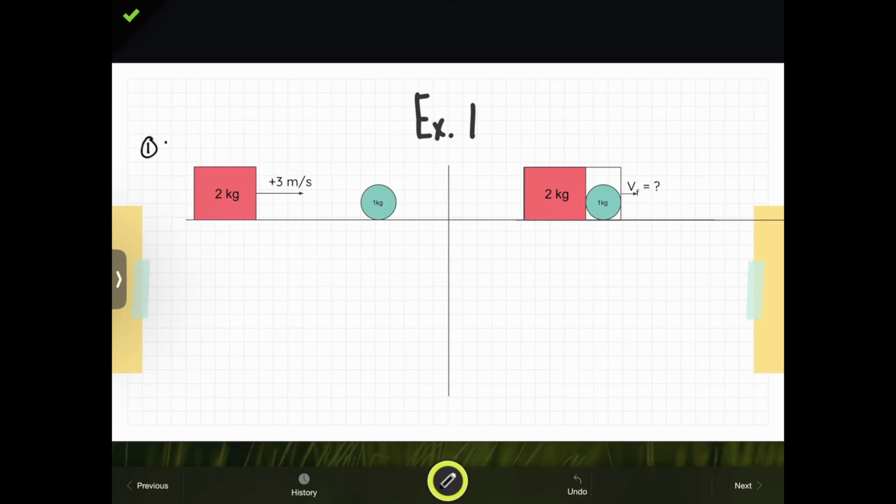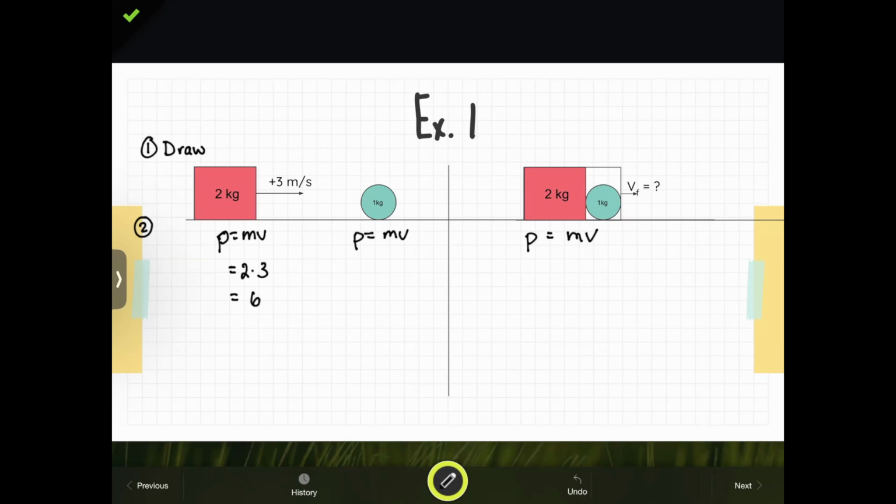Step one for a conservation of momentum problem, I want you to draw. Because for step two, I want you to calculate the momentum of every object in the system. And with this type of diagram, that makes it really straightforward. You get a point for doing this equation, mv, with symbols first.